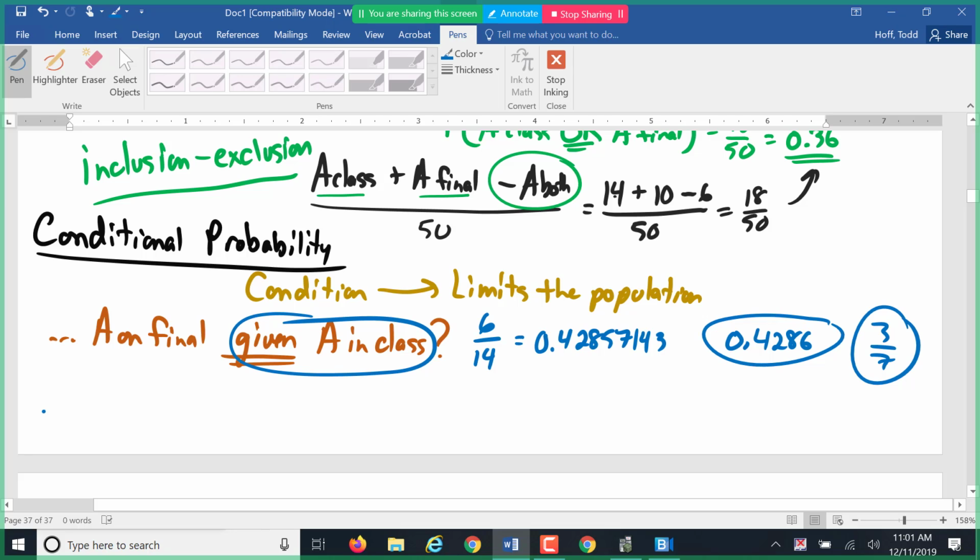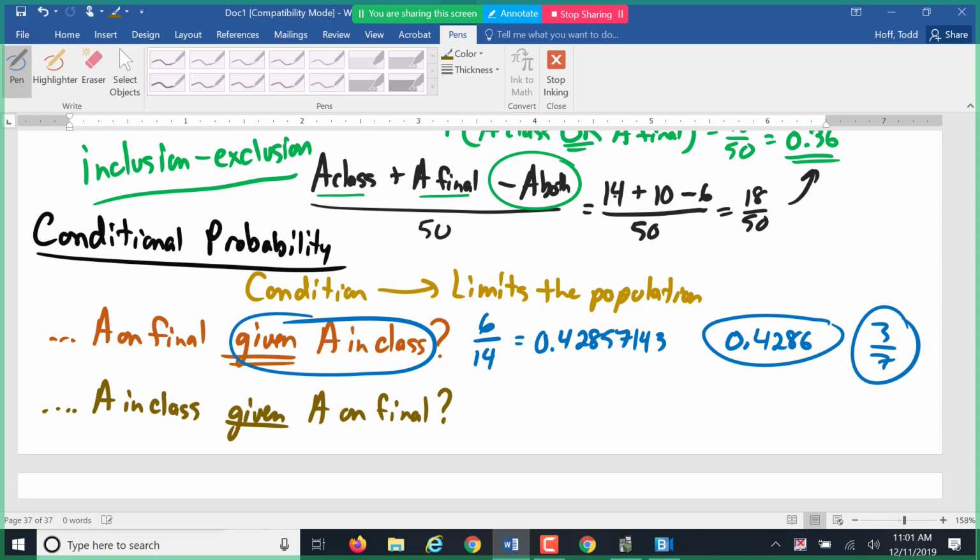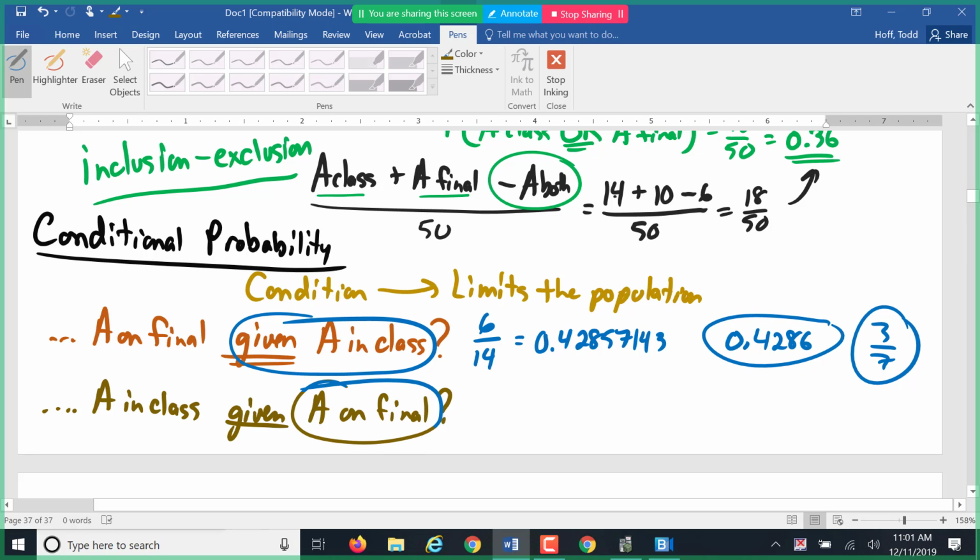It's not necessarily the same to ask this conditional in reverse. Let's say we ask, what is the probability they have an A in the class given they have an A on the final? So what this means is we are limiting ourselves to those that had an A on the final exam.